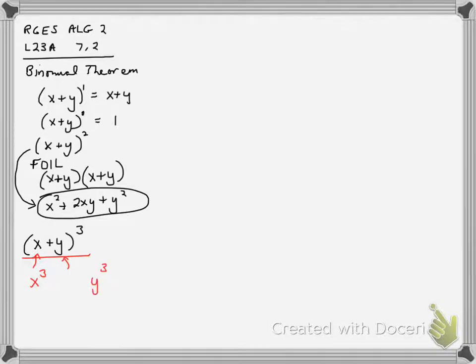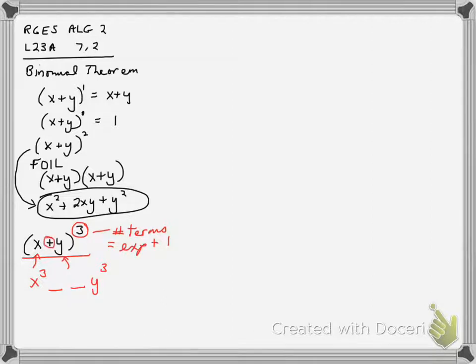And we will have 2 more terms in between. The reason we'll have 2 more terms in between is you always know the number of terms will be the exponent plus 1. So the exponent's 3, so the number of terms will be 4.